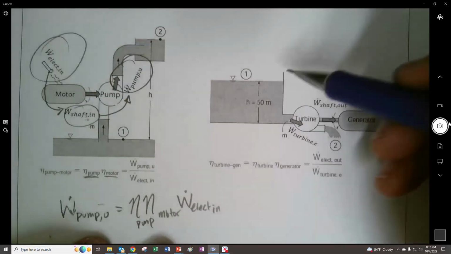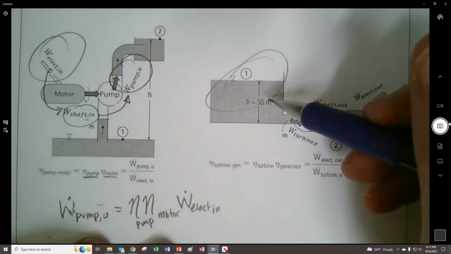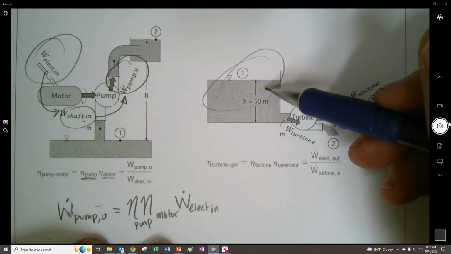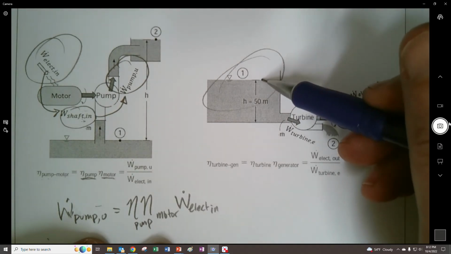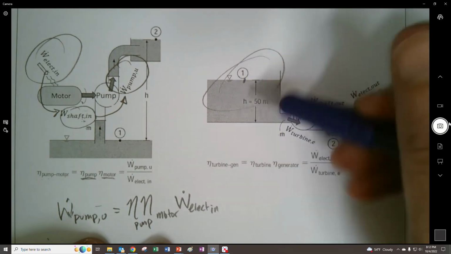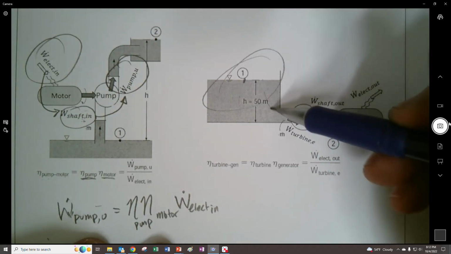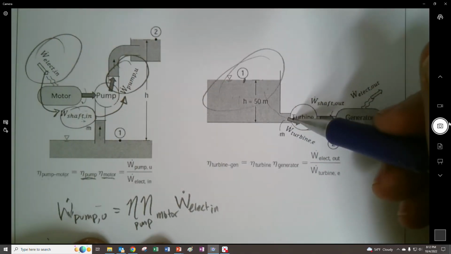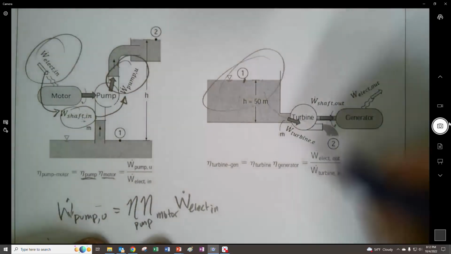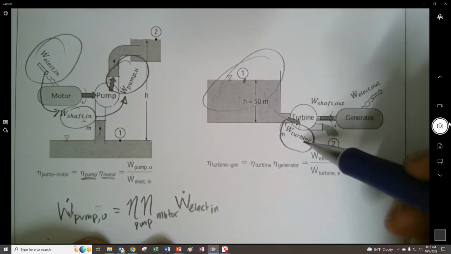Same thing is true if we have some type of source of energy, and a lot of times maybe this might be a dam or something. You could think of this as potential energy down here, and we're trying to extract it. So we extract some useful power out of this, the hydraulic power.